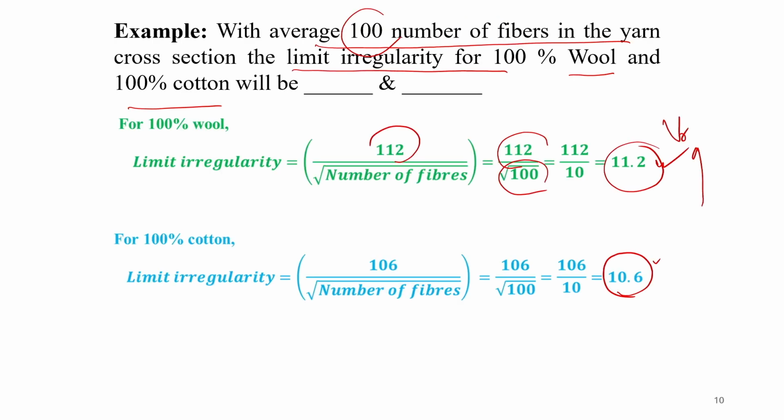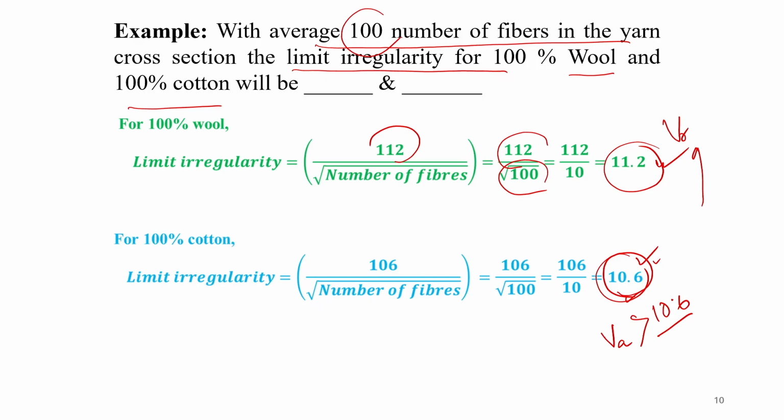Suppose we are getting a cotton yarn with a count such that the number of fibers in the yarn cross section is 100. We will definitely not get a value of 10.6. The actual CV will be more than 10.6, it may be 10.7, or maybe 11, maybe 12.